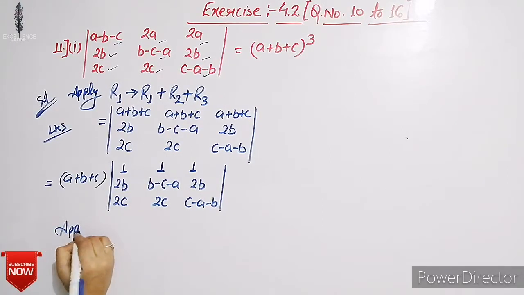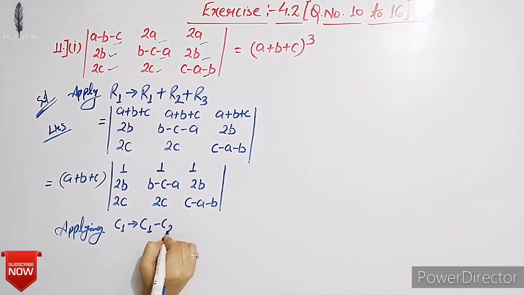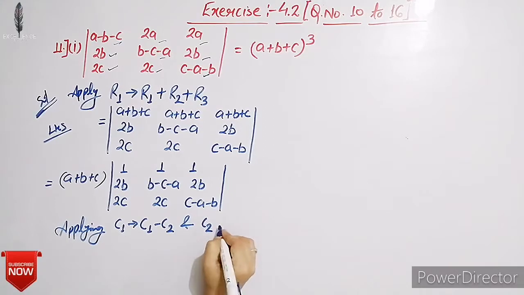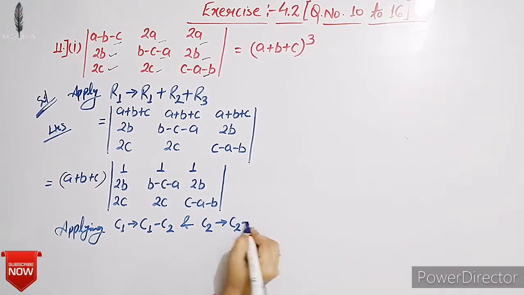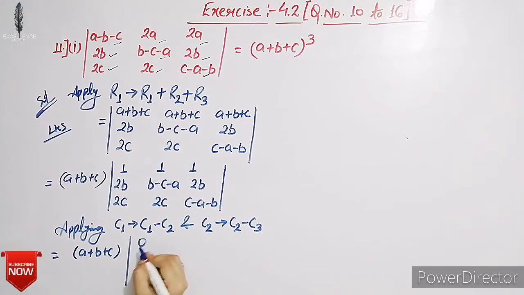So applying the change, C1 is such that C1 minus C2 and C2 is such that C2 minus C3. That is equal to a plus b plus c into, now C1 becomes 1 minus 1 is 0.